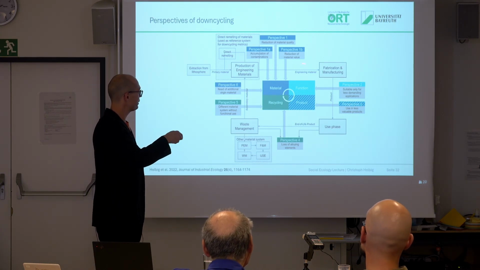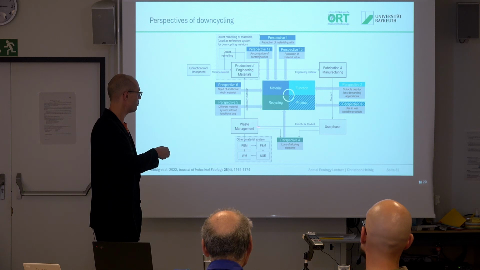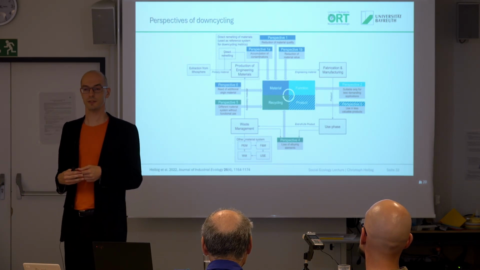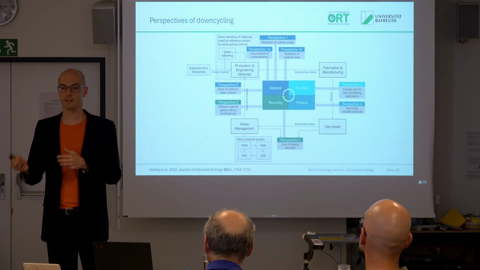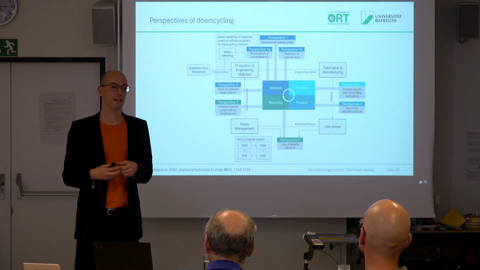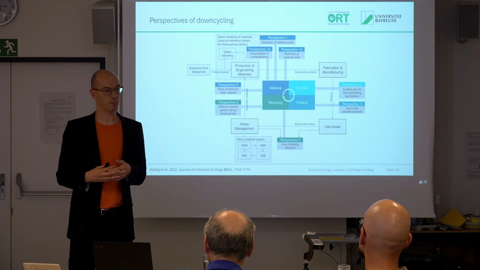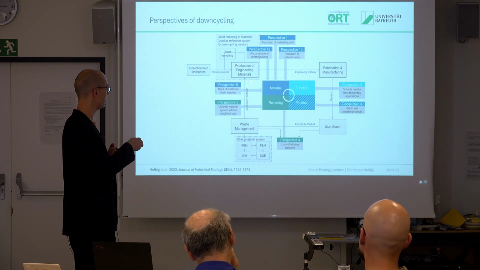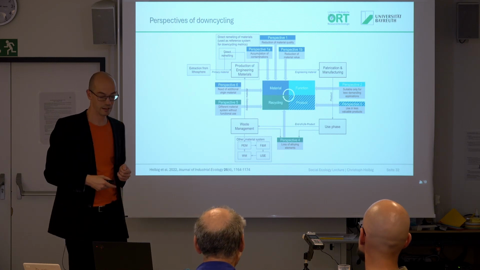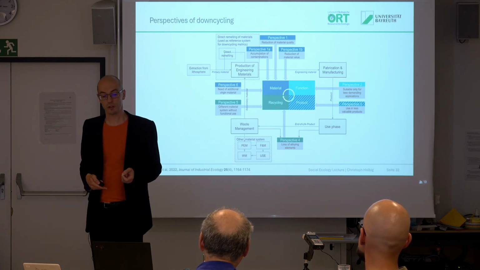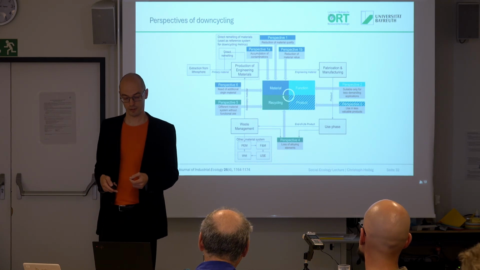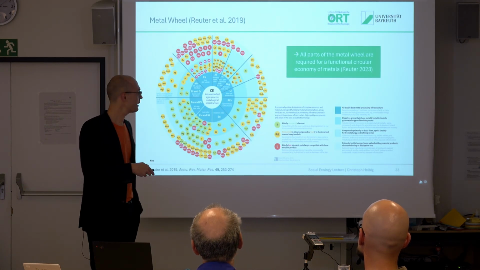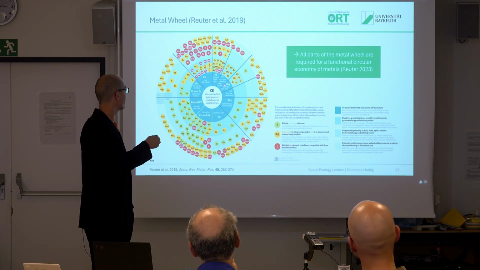There, the materials go through this cycle, and maybe for a lot of reasons, the quality of the material is deteriorated. Material wastes are mixed with each other. Alloying elements are maybe lost throughout the process. And all of that increases the demand for virgin material once again. So therefore, we need to look at aspects of downcycling. And I would have a few examples of that later on, maybe in the discussion.